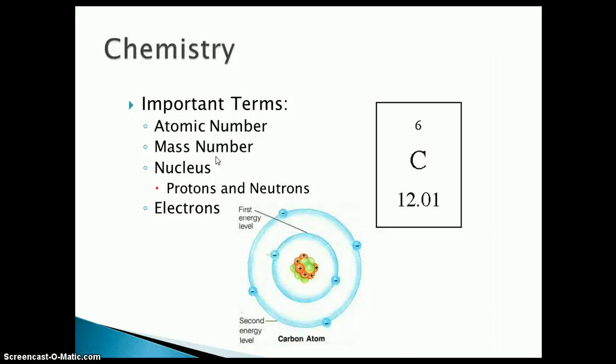How many neutrons does carbon have? In that case, you would know that there's 6 protons because the atomic number was given. Mass number is protons plus neutrons. So you just take 12 minus 6 and get the number of neutrons.